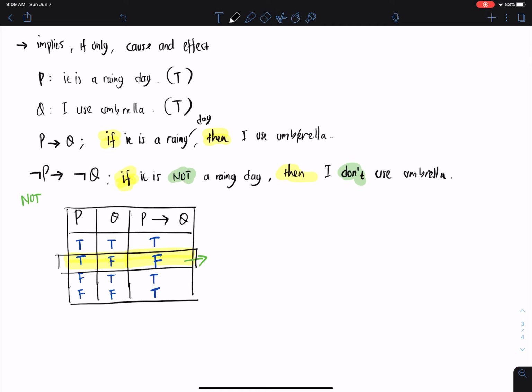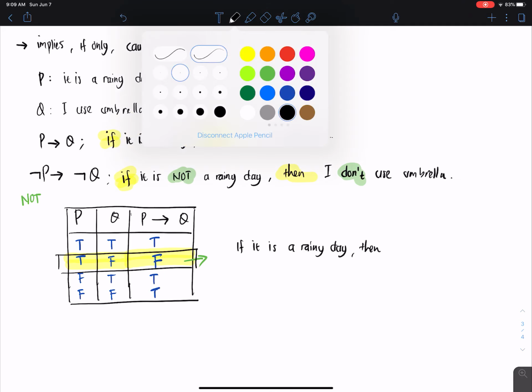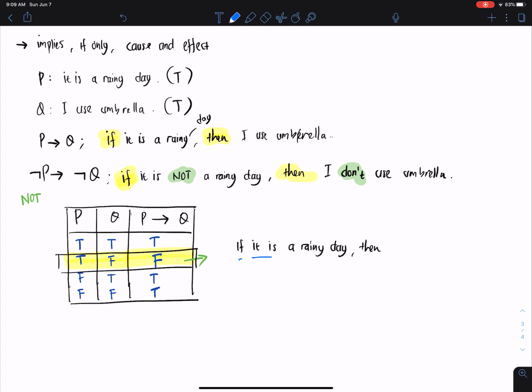So the first one true, meaning if it is a rainy day, then this is P and it is true. Then we should have Q with F, meaning negative or not.